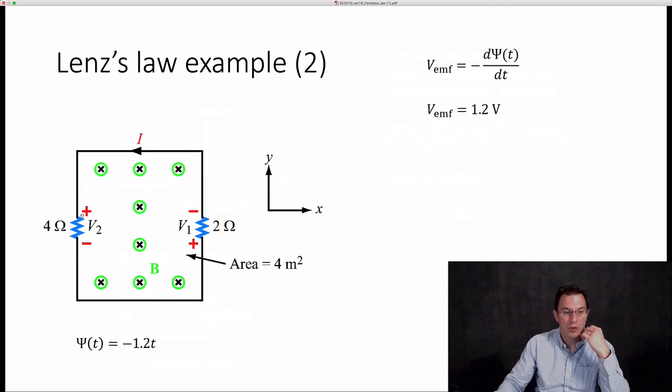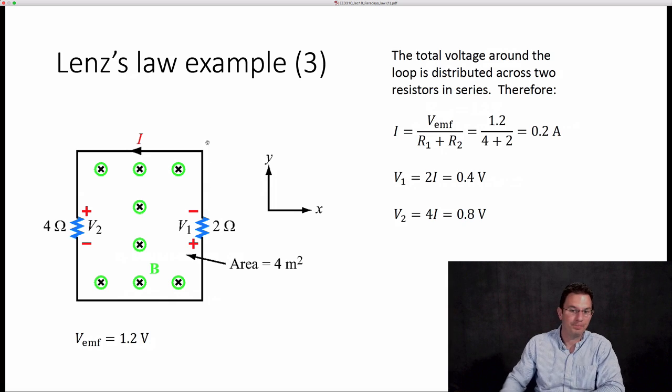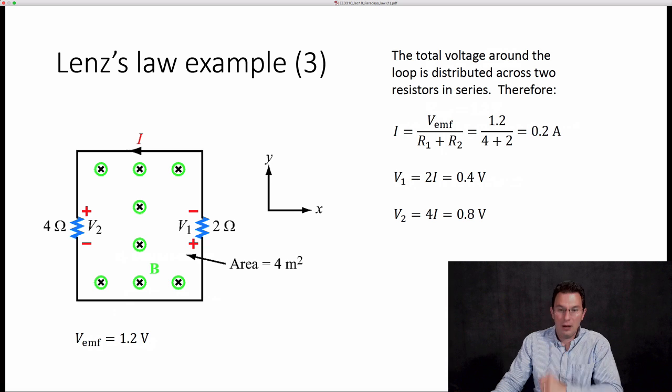And that is going to be dropped across both of these resistors in series. Okay, so that way we can use Ohm's law to figure out the current, which is just the voltage divided by the sum of the resistors, 0.2 amps.